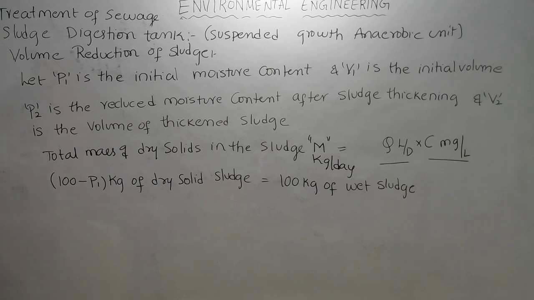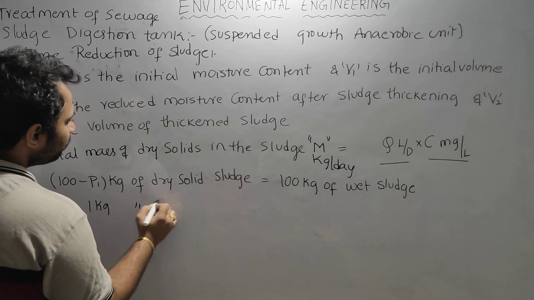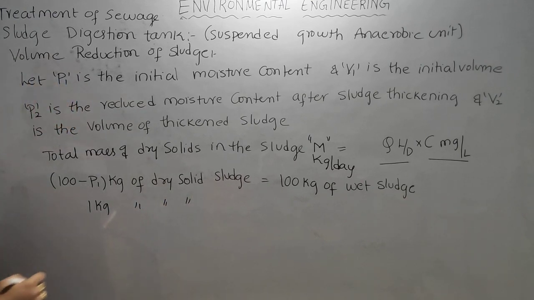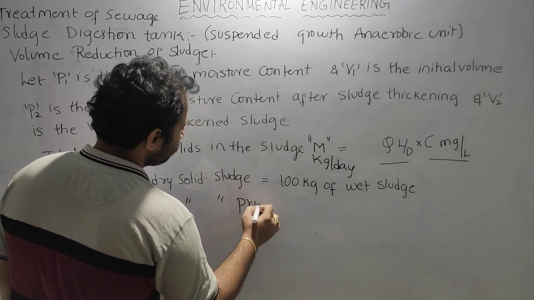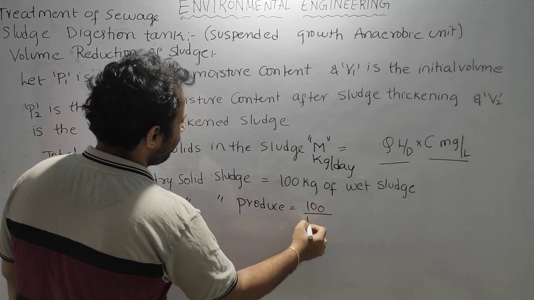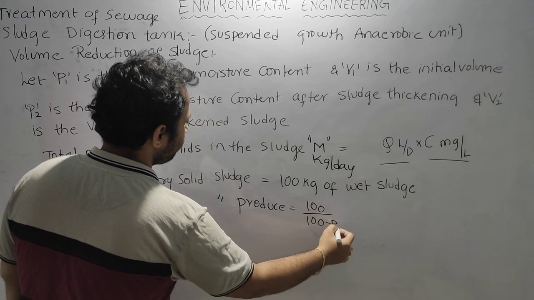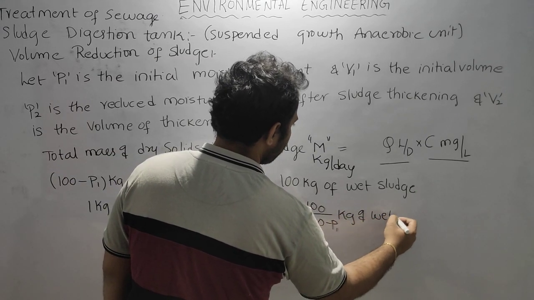So 1 kg of dry solid sludge produces 100 by (100 minus P1) kg of wet sludge.